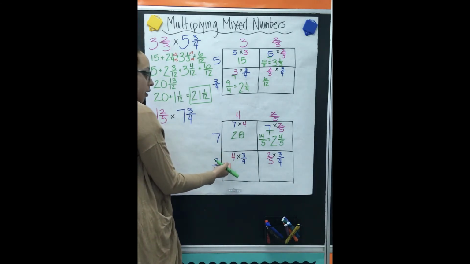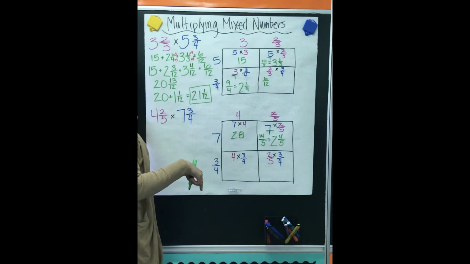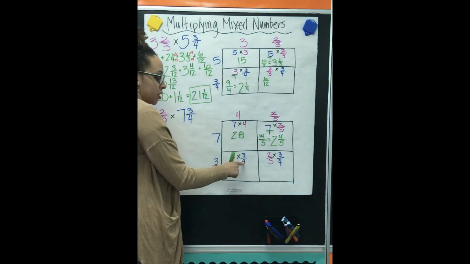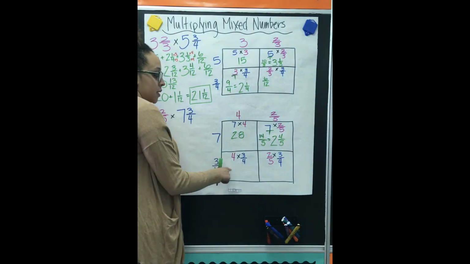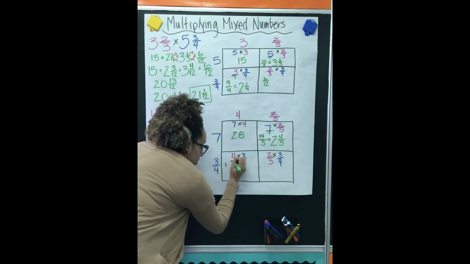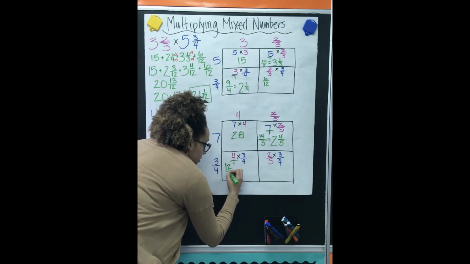Then we come over here and we observe that 4 can go into 4 evenly, which means that whatever answer we get here is going to be a whole number. Because remember, when our denominator goes into our whole number evenly when we're multiplying fractions times whole numbers, our answer is going to be a whole number. So we're going to go 3 times 4 is 12. 1 times 4 is 4.